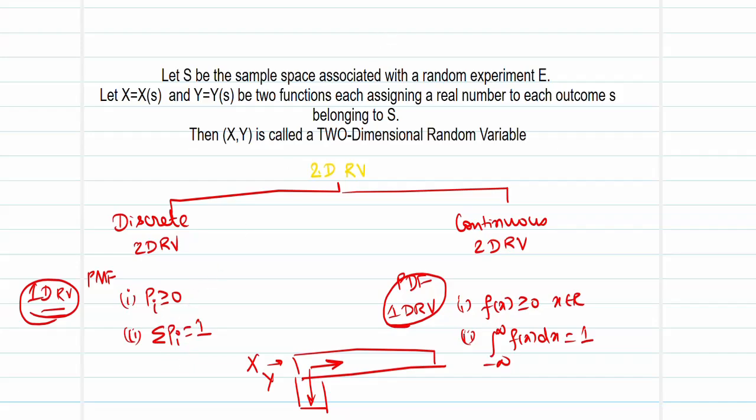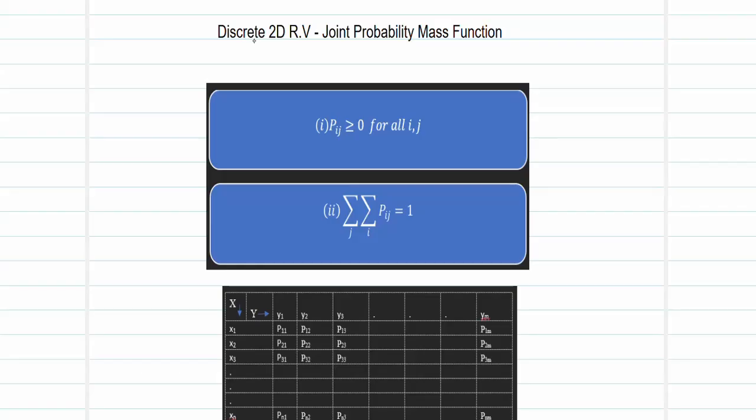Now what are those two rules? For a discrete two-dimensional random variable, we define the joint probability mass function, instead of the probability mass function. So what is this joint probability mass function? Now x takes the value xi and y takes the value yj, and this probability is denoted by Pij.